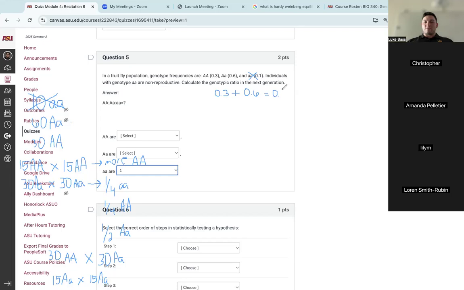So you're going to be working with 90% of the original population. I agree with that. So within this 90% of the population, we're going to find the allele frequencies: big A, little a.